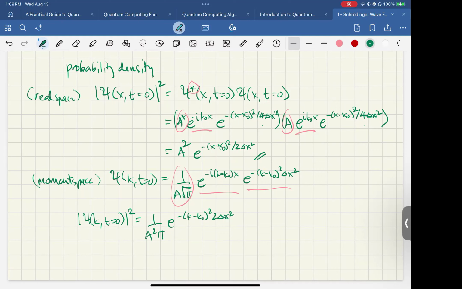Now, as I said, it doesn't look like a Gaussian wave function. Actually, a Gaussian wave function should look something like this, over 2 delta k squared. Parang pareho dito, di ba? So this is the Gaussian wave function.